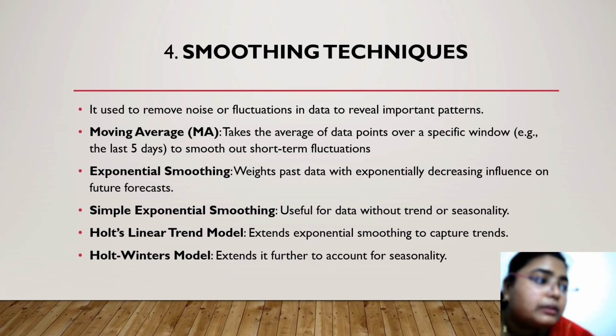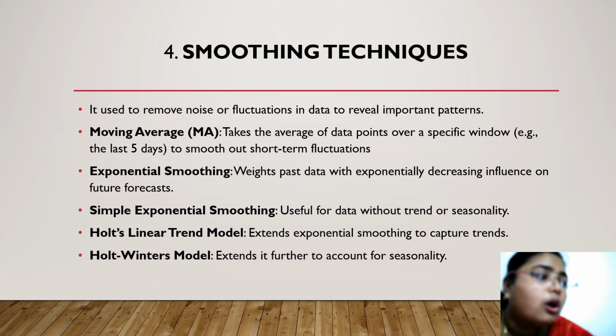Next is simple exponential smoothing. It is used when the data has no trend or seasonality, that is, without upward or downward movement or seasonal movement. This is called simple exponential smoothing.